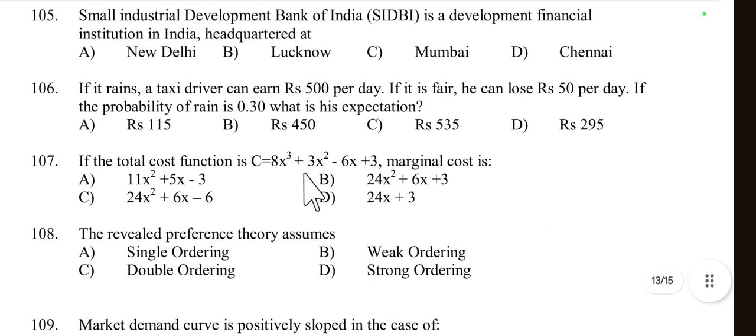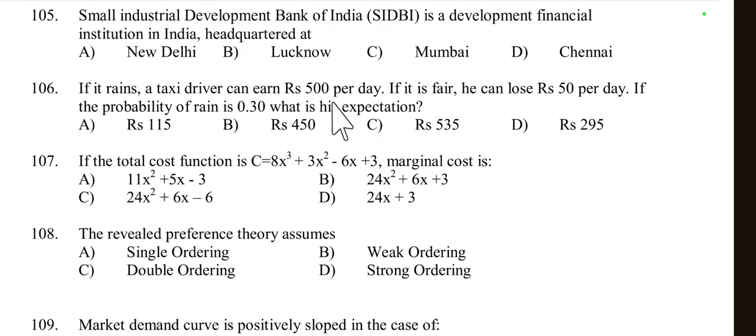Then question number 106, if it rains, a taxi driver can earn 500 rupees per day. If rain, then the taxi driver earns 500, and if it is fair, meaning no rain, he loses 50 rupees per day. So if the probability of rain is 0.30, then what is his expectation?